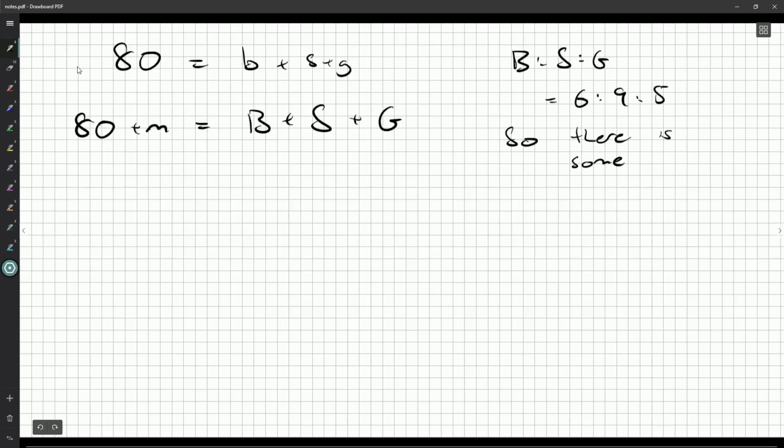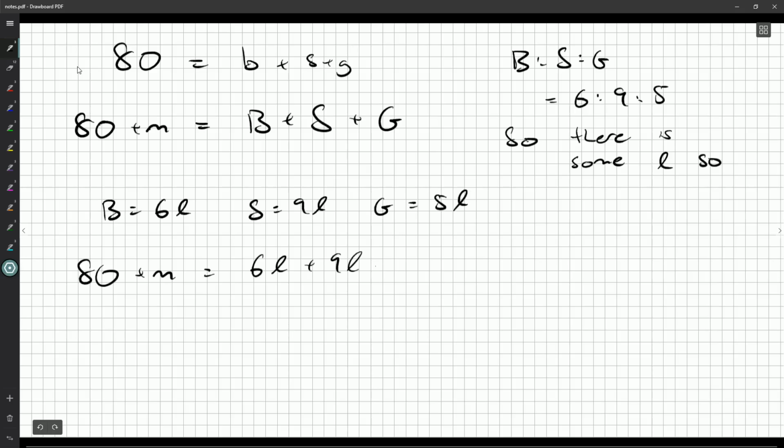So there is some, let's call it L, so that B is 6L, S is 9L, and G is 5L. So 80 plus M is going to be 6L plus 9L plus 5L, which is 20L.